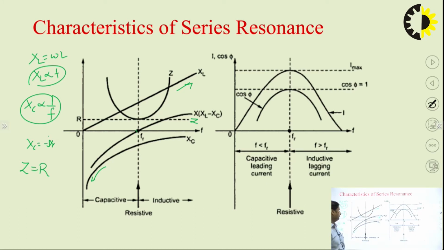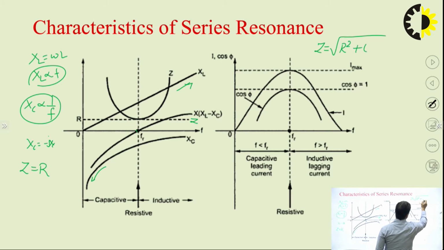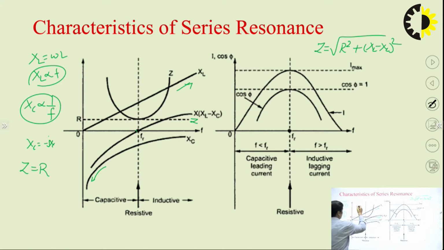The impedance is shaped like a parabola, because Z is equal to the square root of R squared plus (XL minus XC) squared. So this is shaped like this, a parabola.